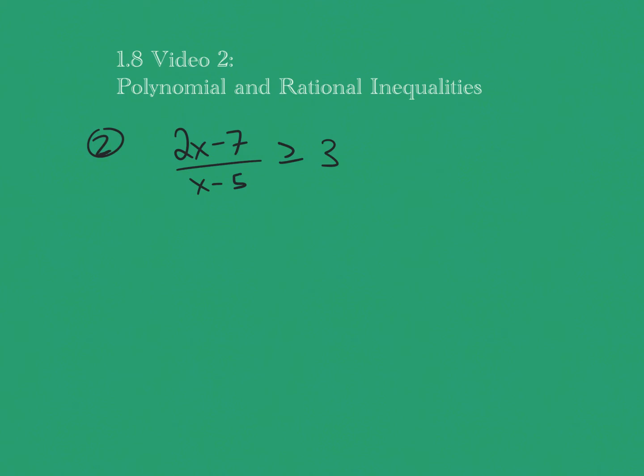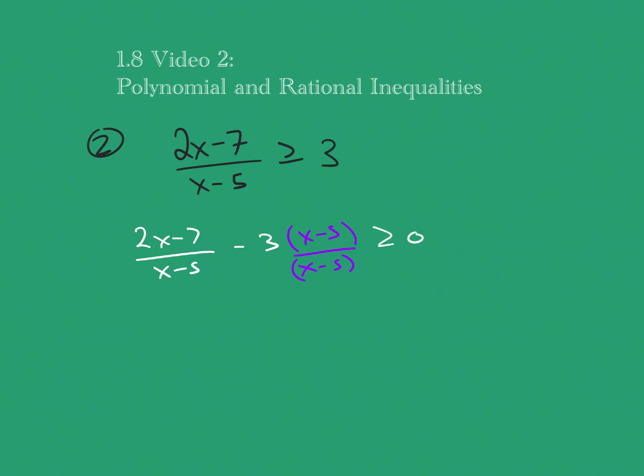So I'm going to get that 3 to the other side and get a common denominator. So we've got 2x minus 7 over x minus 5 minus 3, but then I'm going to get my common denominator, x minus 5 over x minus 5, and that's going to be greater than or equal to 0.